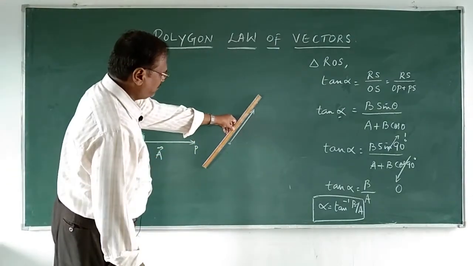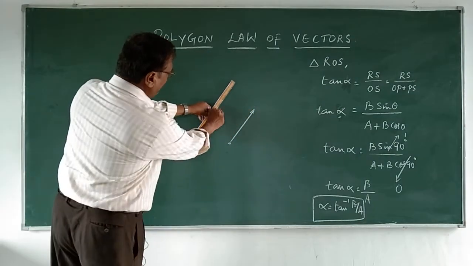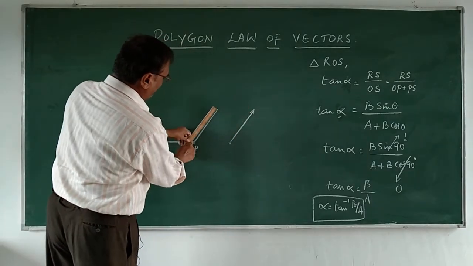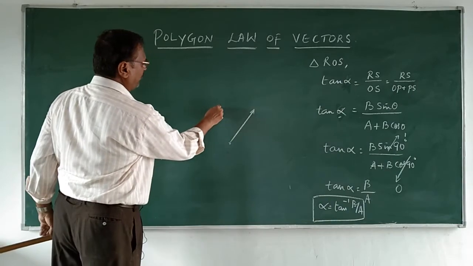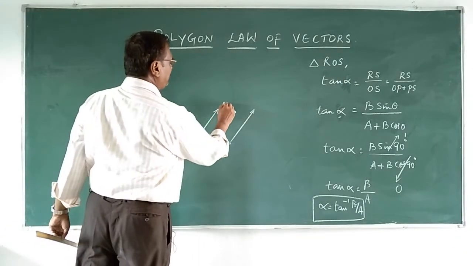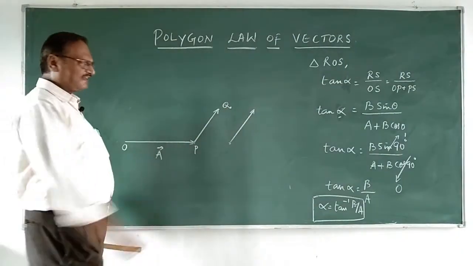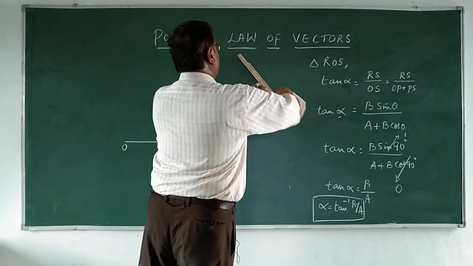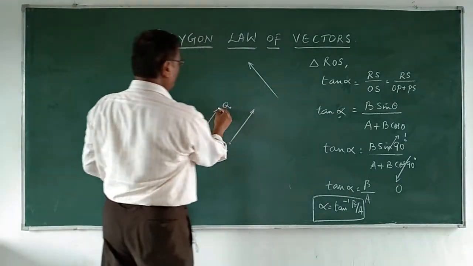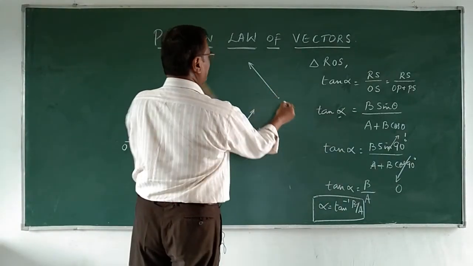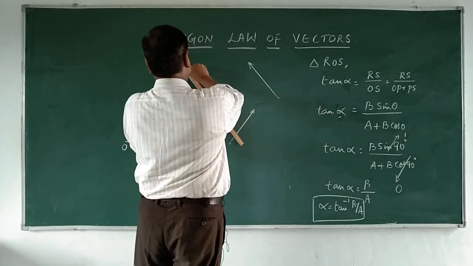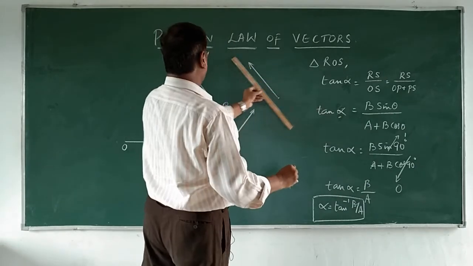But I can shift a vector parallel to itself as long as the magnitude remains the same. You can shift it parallel to itself. Let us say this is PQ vector. Let us say I got another vector, something like this. So now I shift this vector to the tail of this vector. Let me measure the value and keep it here. And I have shifted it parallel to itself.